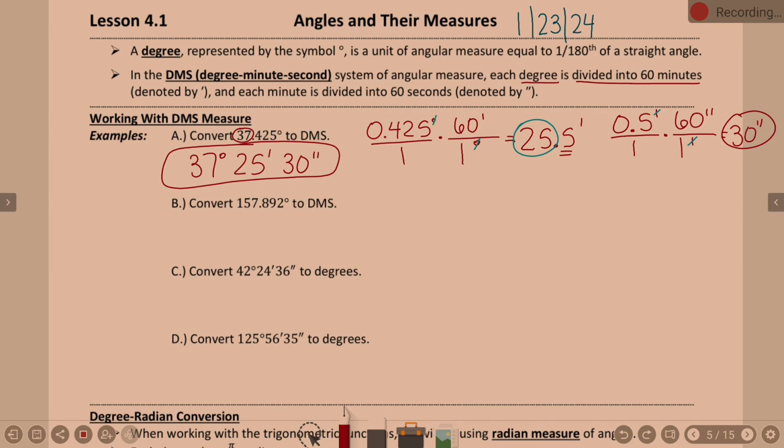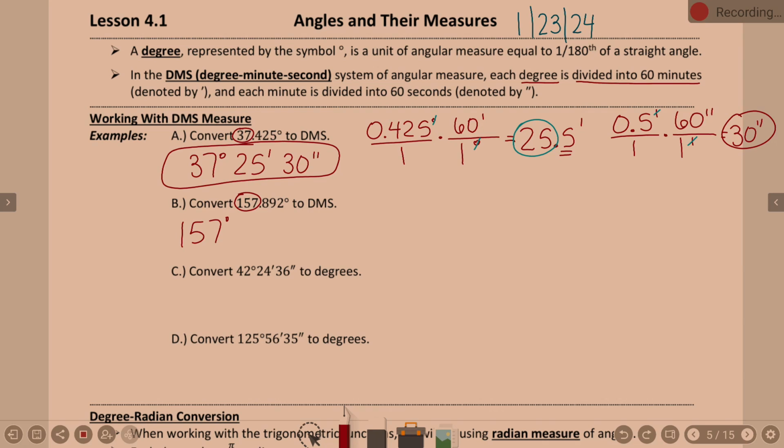Okay. So, we're being asked to convert 157 and 892 thousandths degrees to DMS, degrees, minutes, seconds. So what do we know about degrees? How many whole degrees do we have? Okay. We know, without doing any work, we are at 157 degrees.